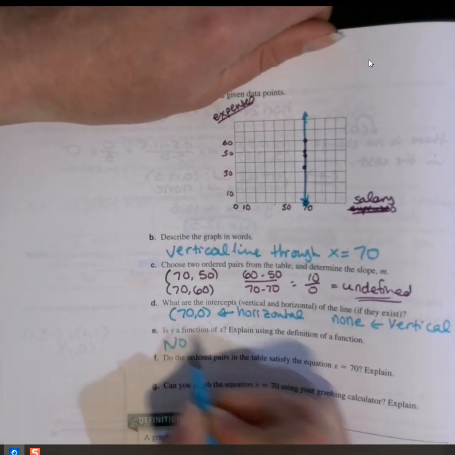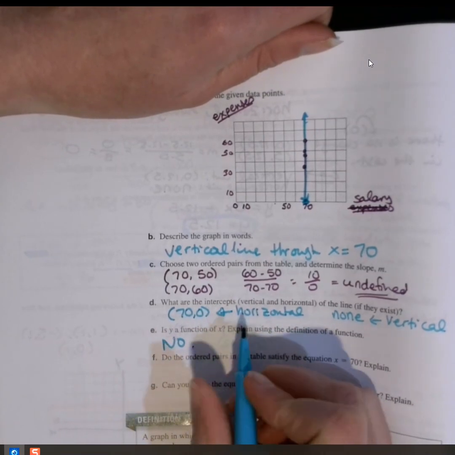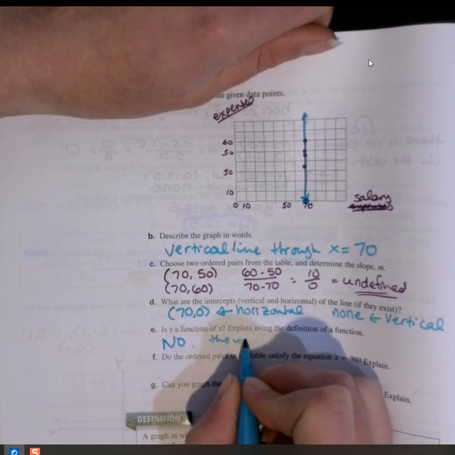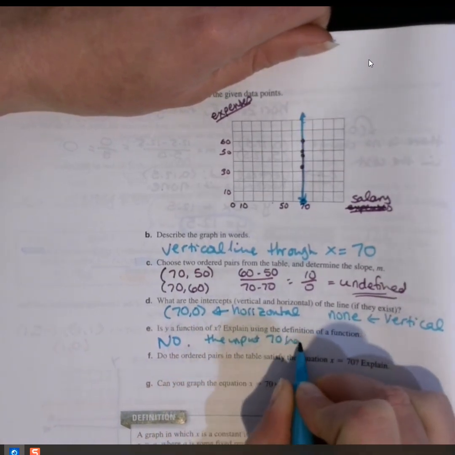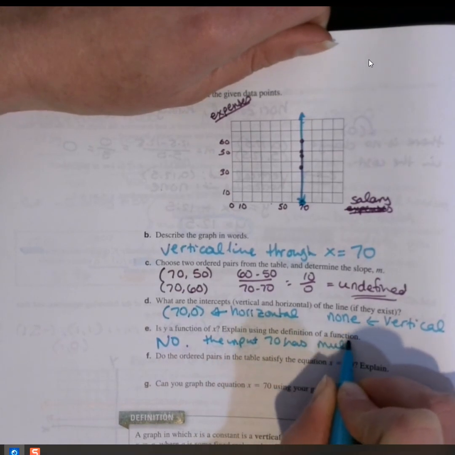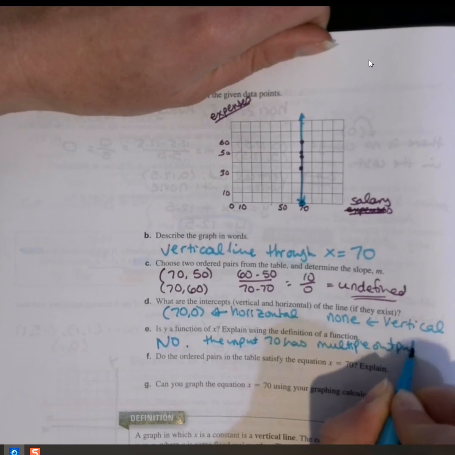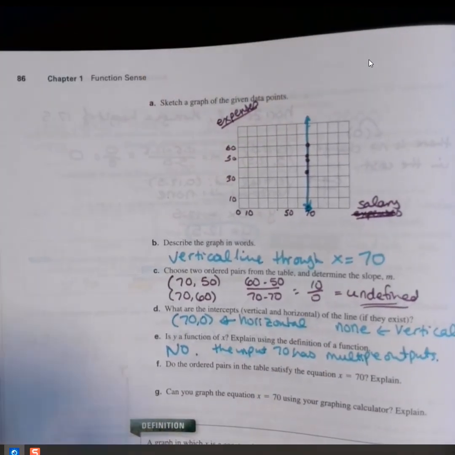No. It doesn't pass the vertical line test because there are multiple outputs for a single input. The input 70 has multiple outputs, or it doesn't pass the vertical line test, which is the graphical way of explaining it.